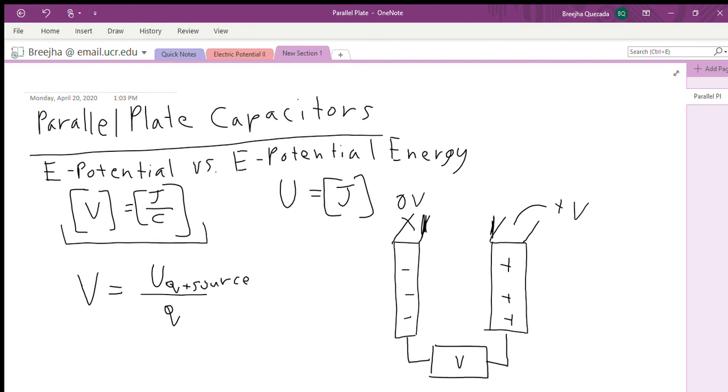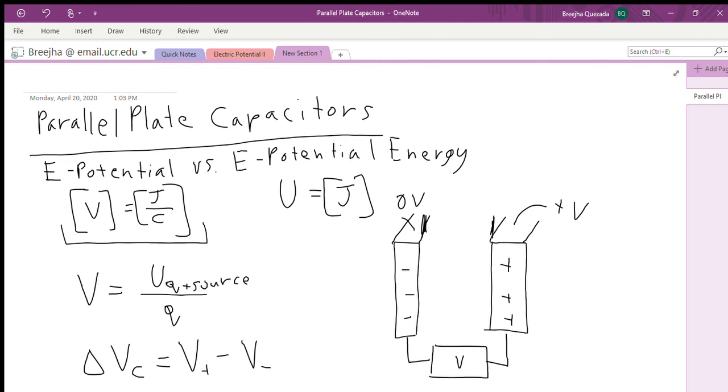But if you think of the change in voltage of a capacitor to be the voltage positive minus the voltage negative, then for the negative plate to be negative V, the actual charge would have to be 2V. It just can get a little bit more confusing the more you think of it that way. So we tend to think of it as 0 and positive V unless told otherwise.